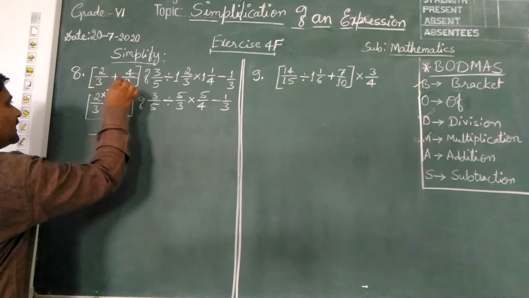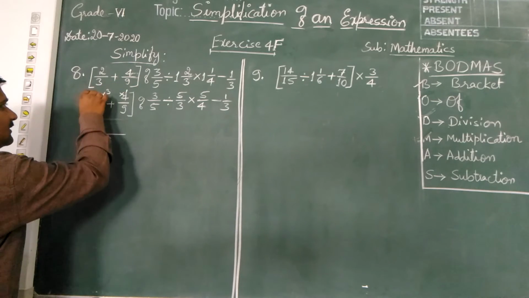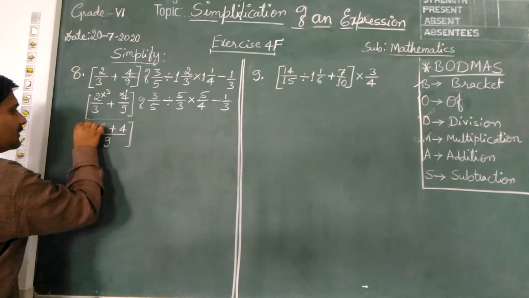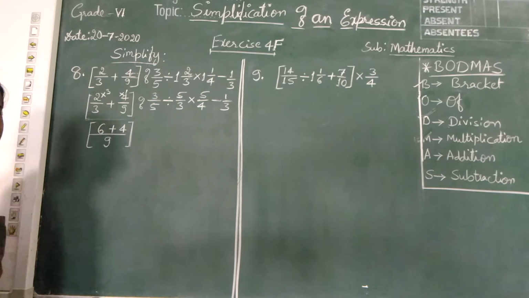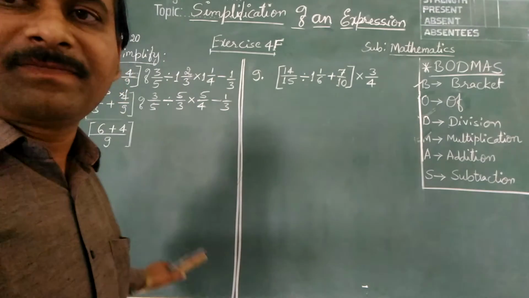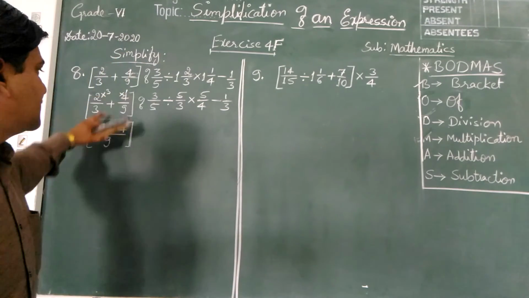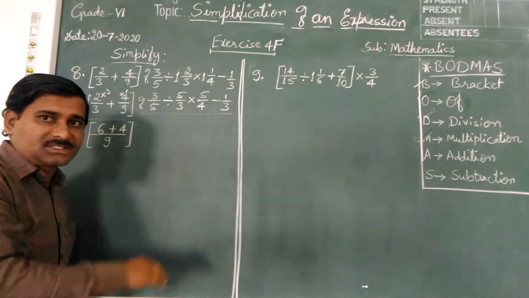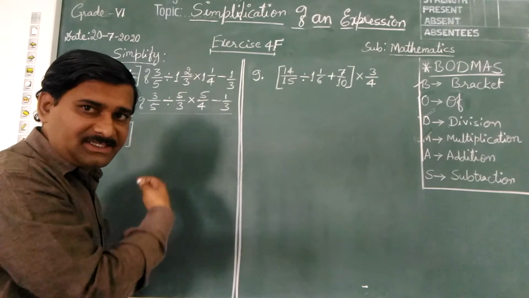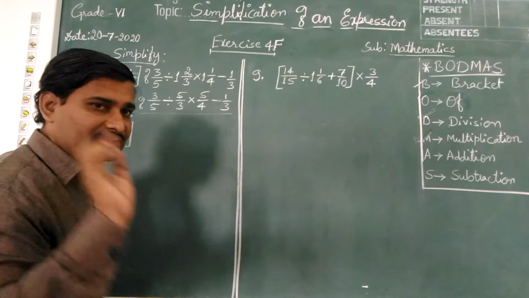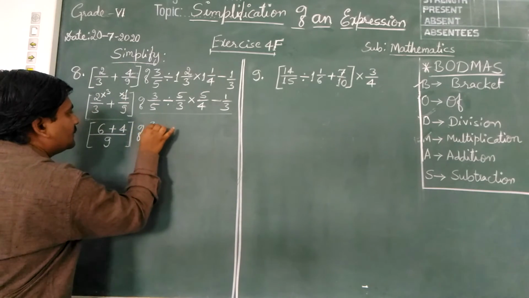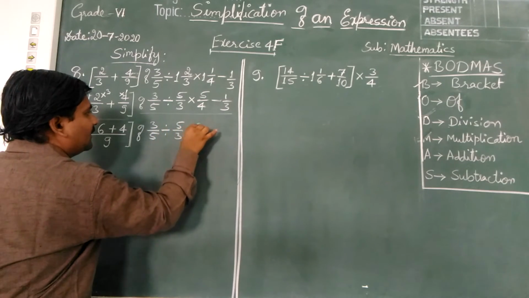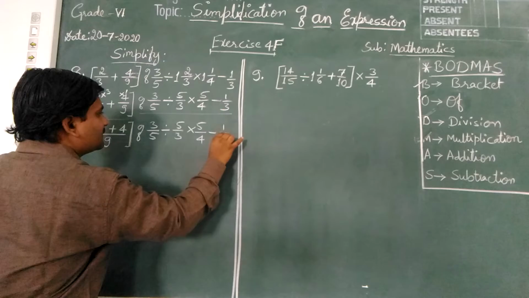So 3 3s are 9, 9 1s are 9, 2 3s are 6, plus 4 1s are 4. So this is what you will get. I will copy all these steps as they are, because I am just now simplifying the bracket of 3 by 5 divided by 5 by 3 into 5 by 4 minus 1 by 3.